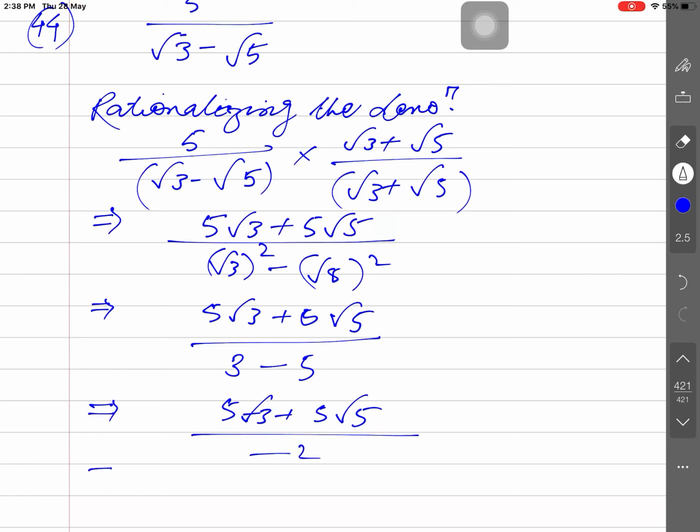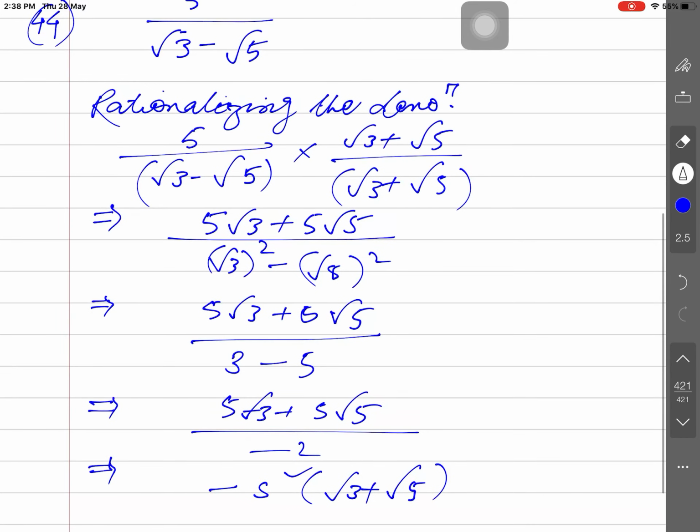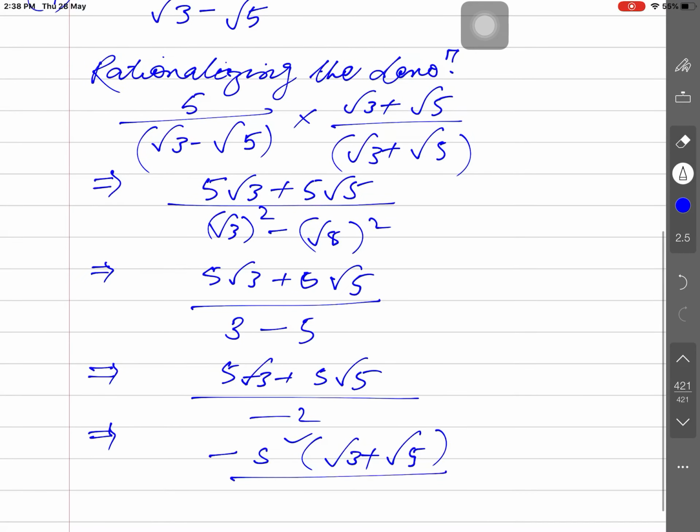Okay, the minus of the denominator is to be shared, this is also the minus of the numerator. So this expression could be written as 5 taken common, root 3 plus root 5, divided by 2. It's your answer, right guys? This is the rationalization of the denominator.